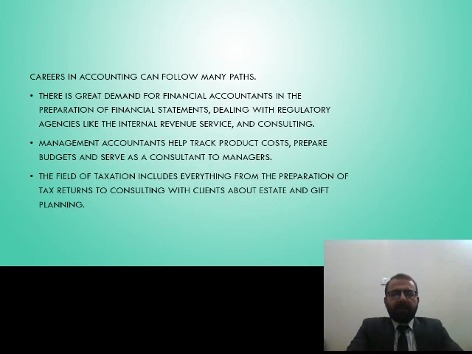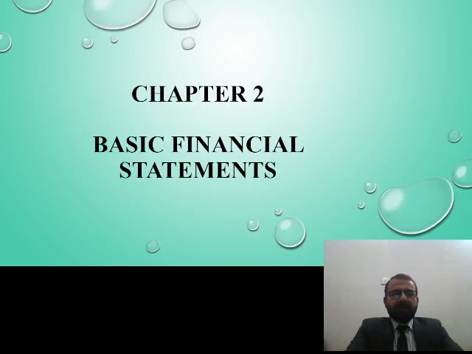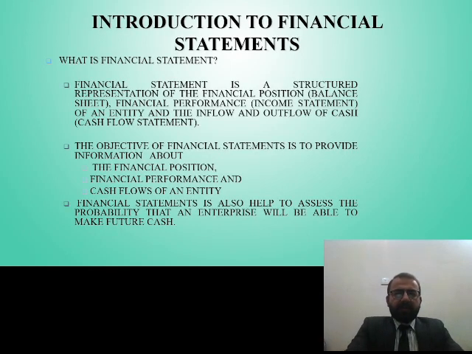Here we are done with chapter 1. Now we are coming to chapter 2, and chapter 2 is about basic financial statements. So we move on and start with the introduction to financial statements. What is a financial statement?